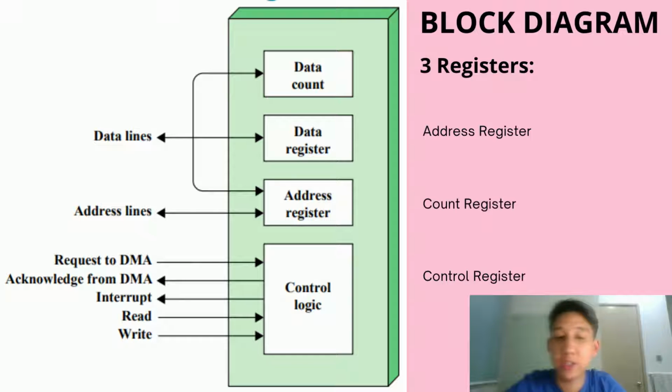It also sends the word count, which is the number of words in the memory block to be read or written. Next, it sends control to define the mode of transfer, such as read or write. Lastly, it sends a control to begin the DMA transfer, and the information is sent through the data bus.